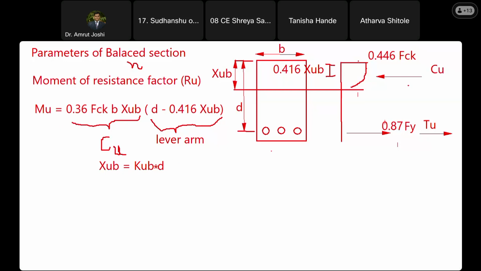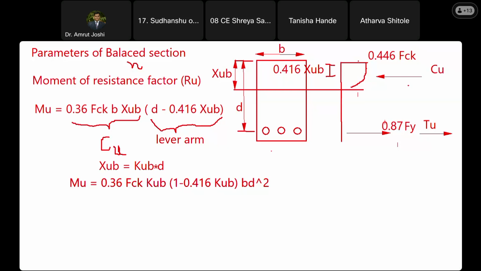Then Mu becomes equal to 0.36 fck into kub into bracket 1 minus 0.416 kub, multiplied by bd square. So this is the expression.